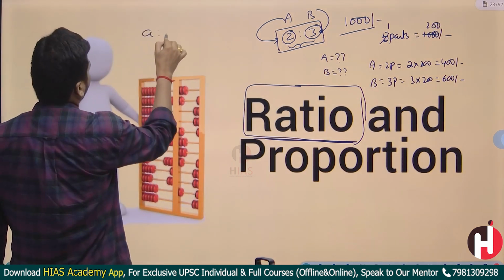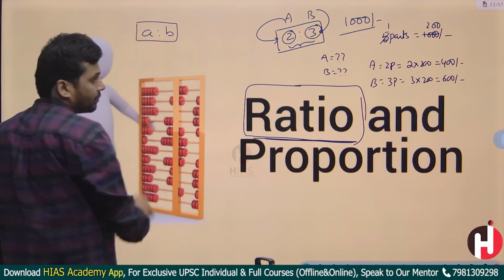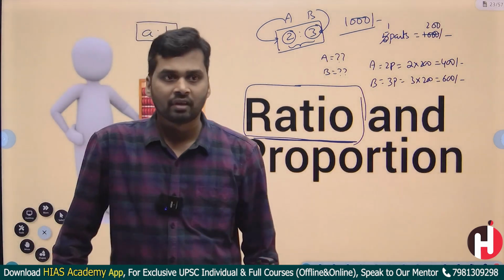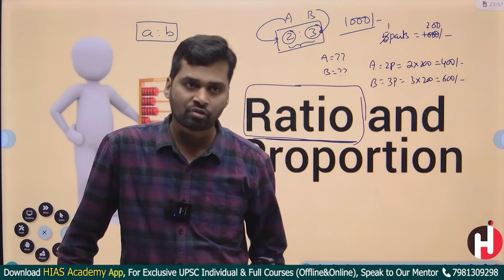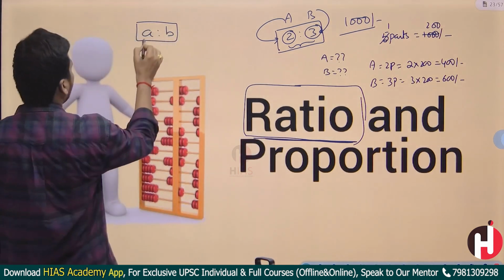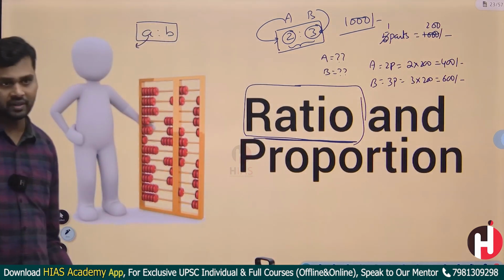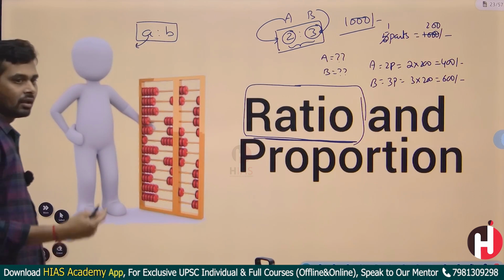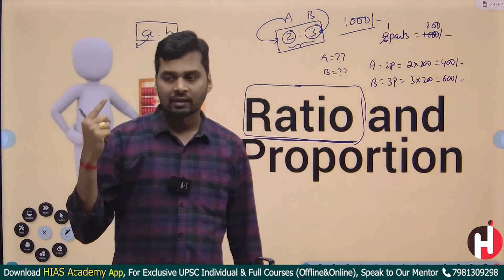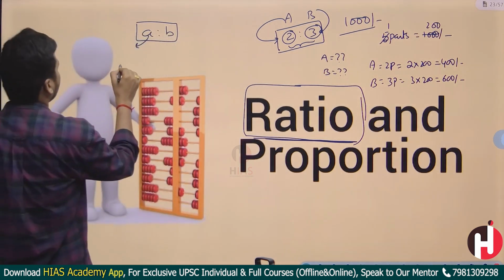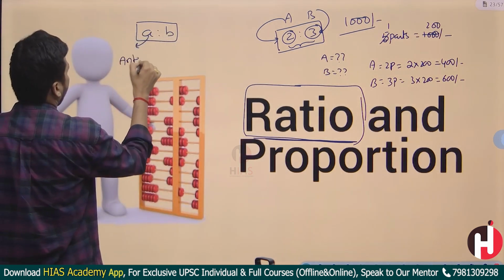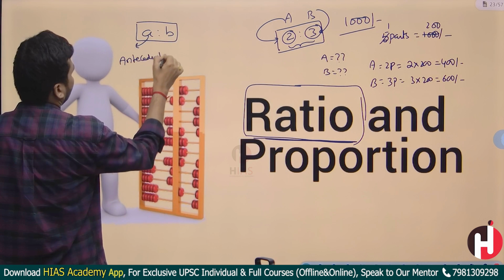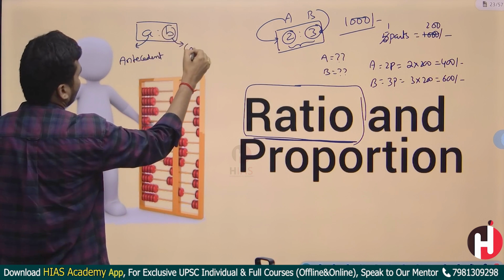Suppose you take the ratio A is to B. A is called what? First term, B is what? Second term, right? For a two term ratio, the first term is called antecedent, the second term is called consequent.